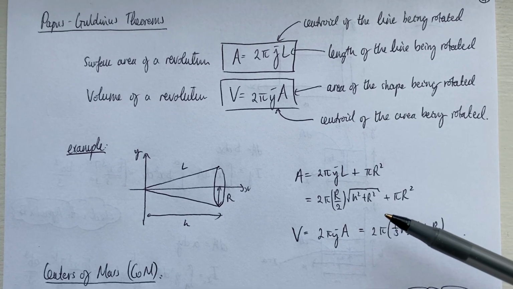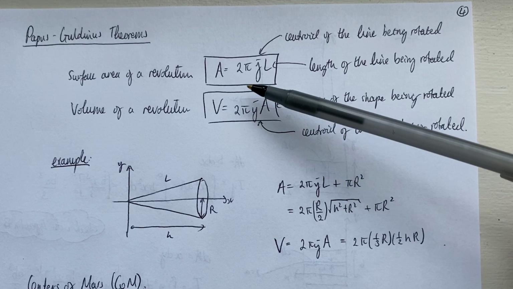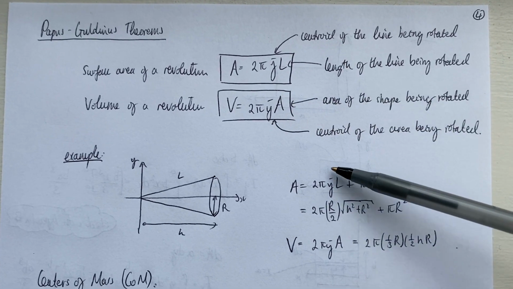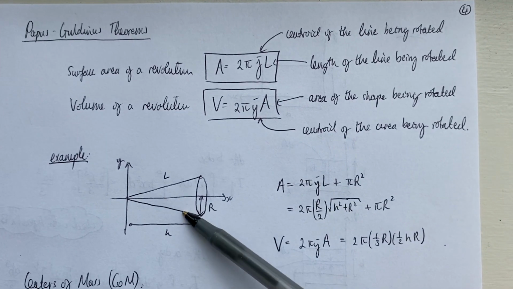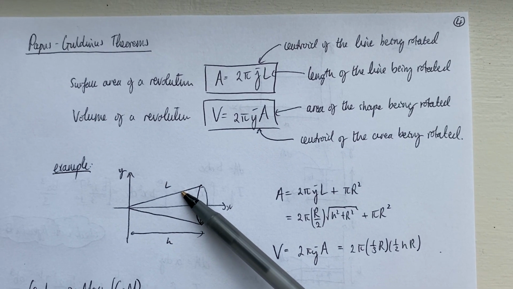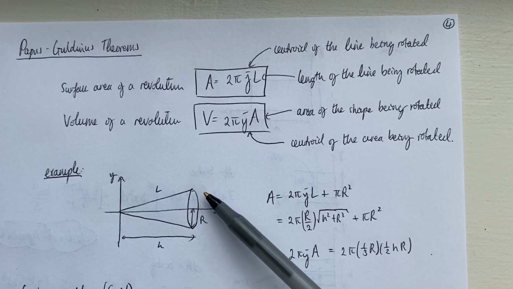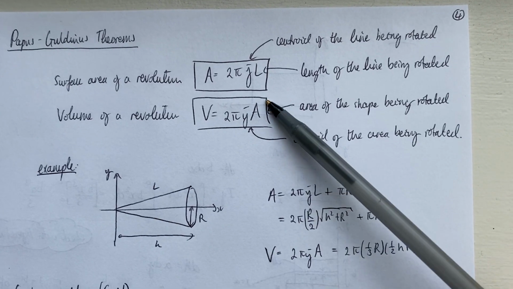So to find the surface area of a revolution, we take this formula and we calculate the centroid of the line L, which is just halfway along L, and we apply that to this.